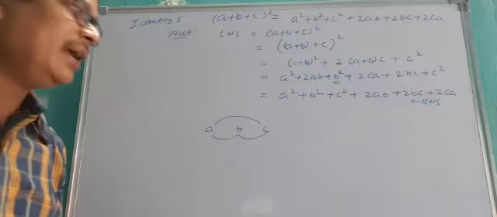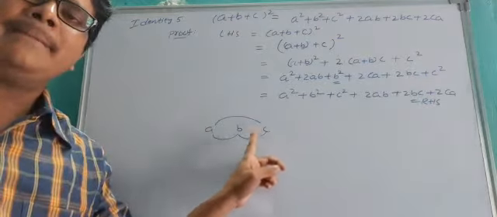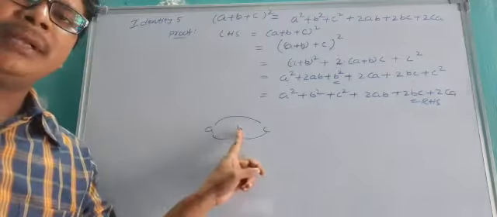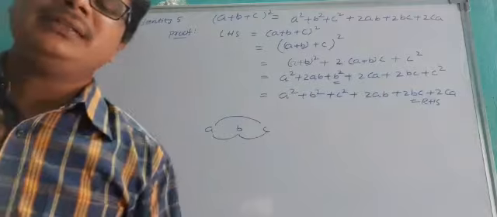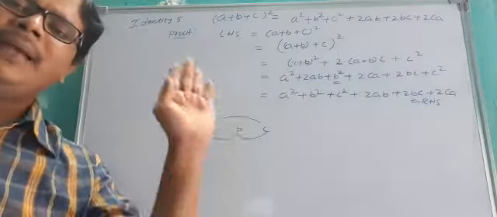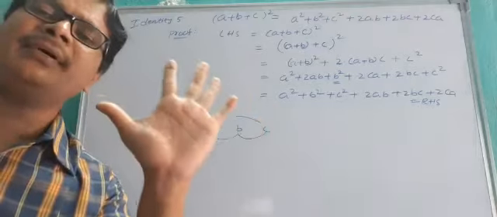So a square plus b square plus c square plus 2ab plus 2bc plus 2ca. Okay, so this is the formula for (a + b + c) whole square. This is known as identity number 5.